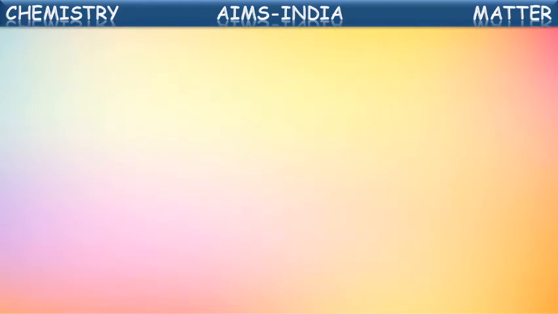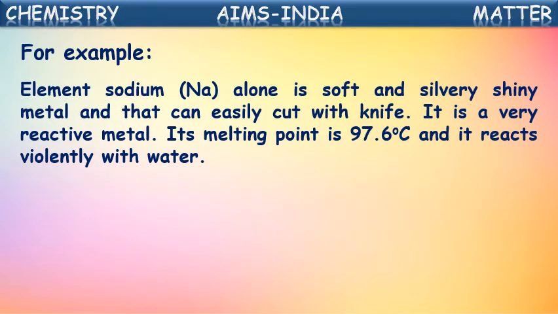See the example of the element sodium. Sodium can exist alone. It is a soft, silvery, shiny metal that can easily be cut with a knife. This is an exceptional case. While studying metals we also studied sodium. Even though it is a strong metal, it is not hard, it is very soft, and we can cut it with a knife. It is a very reactive metal.